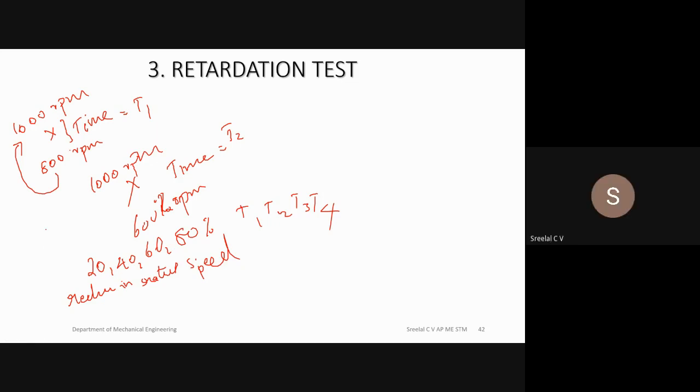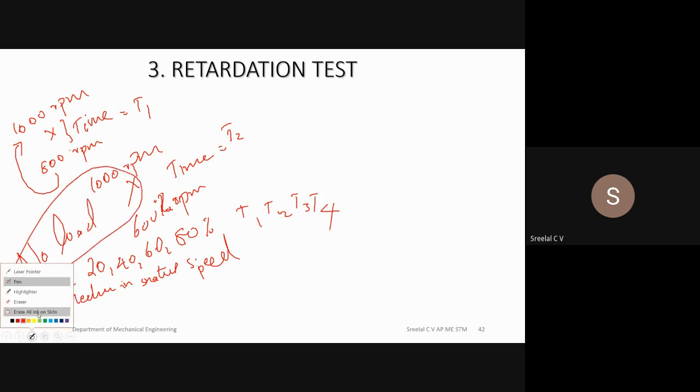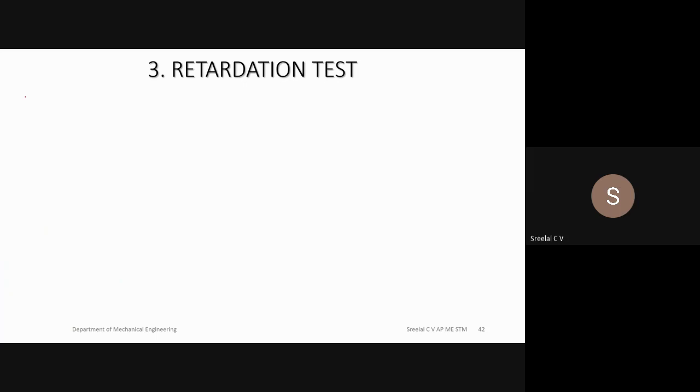Yes, sir. Here we are taking the no load condition. Next, we will carry out the same procedure at 50% load, and we will take the particular T1, T2, T3 and T4.